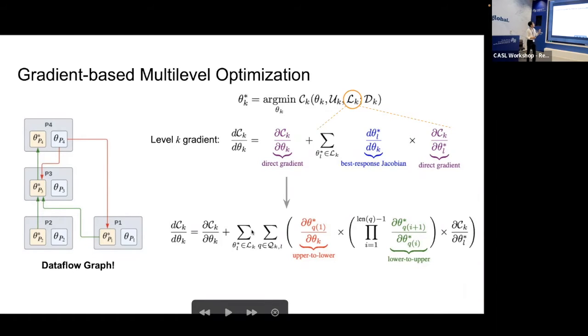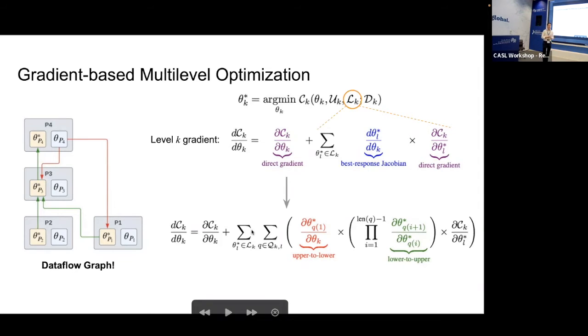In gradient-based multi-level optimization, we want to calculate the gradient for each level, and this gradient can be decomposed into two parts. The first is the direct gradient part, and the second is the indirect gradient part. The reason we want to consider the indirect gradient part is that our optimization problem is constrained by the optimal solutions of the lower-level problems. But these optimal solutions from the lower-level problems can be a function of the current-level parameter theta k.